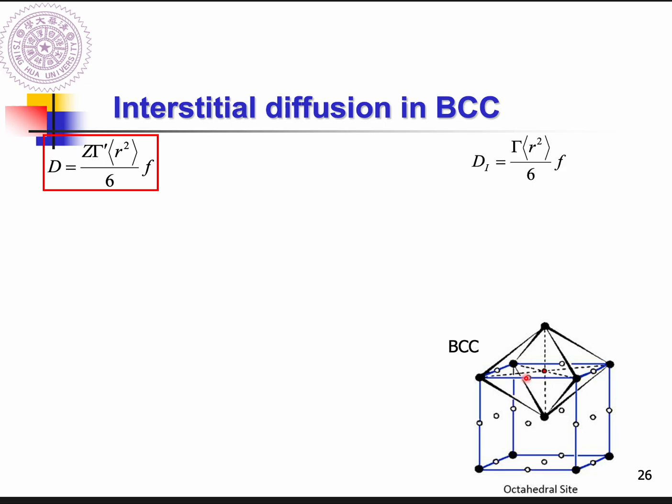And next, because interstitial diffusion happens, based on the equation we derived in the previous section, diffusivity equals z, the total jump rate, times the mean square jump distance, divided by 6, times f, right?